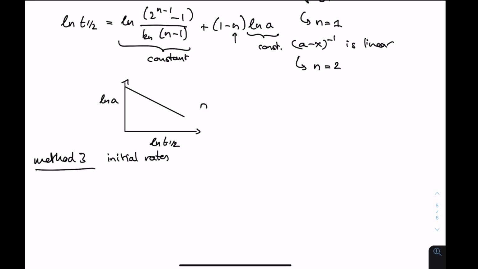Okay, so we can see that if we take the ln of the initial rate, and I won't derive this, it is ln k_n plus n ln A. Okay, so that means if you measure the initial rate as a function of the initial concentration, ln A, you can easily find the reaction order by the gradient of this plot.